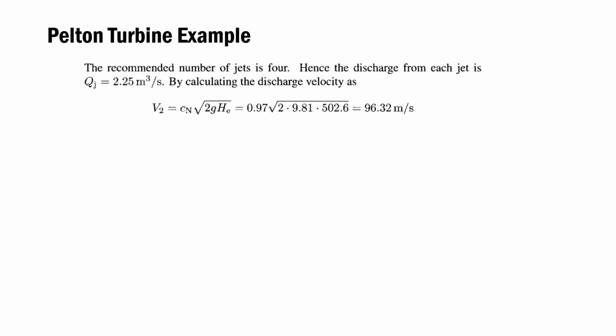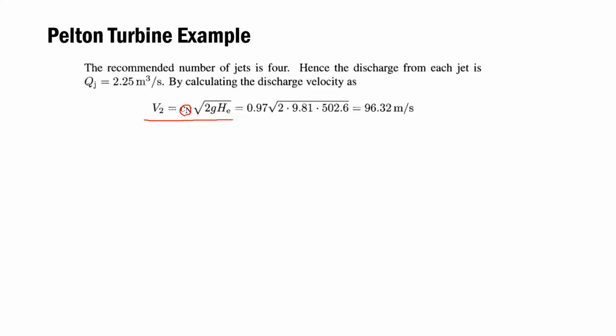And we can get the discharge velocity V2 using this equation: V2 equals the nozzle efficiency times the square root of 2gHe.